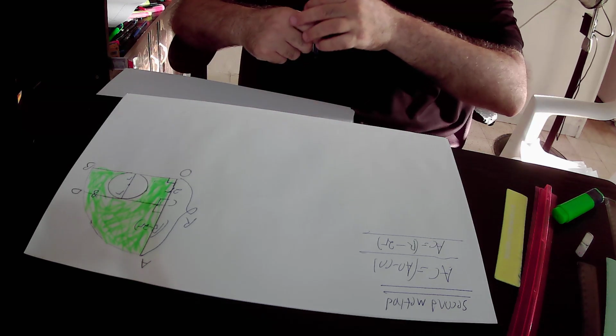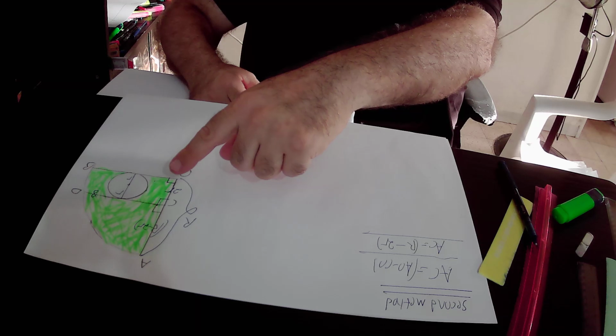So in the next step, we'll complete the quarter circle to a circle.